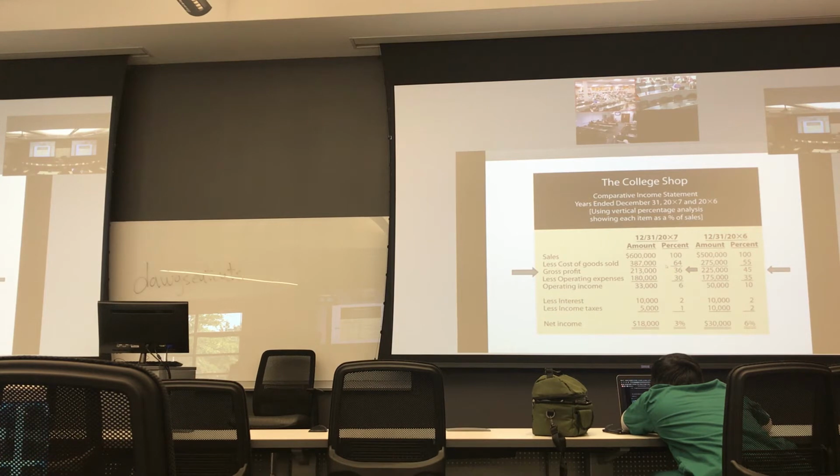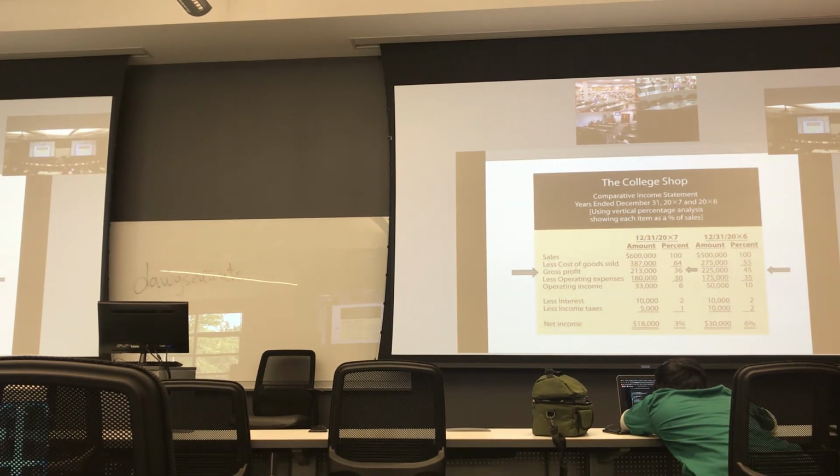So that says the first year, we spent 55 cents to get the inventory, and then we sold it. But then the next year, we had to spend 64 cents. And that's a big difference, going up about 9 percentage points. So that's how the percentage tells you a difference. And then you see down here, it fell through, and they made half of what they made the year before.